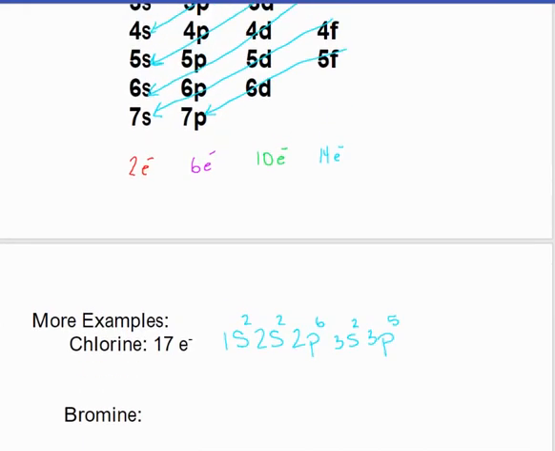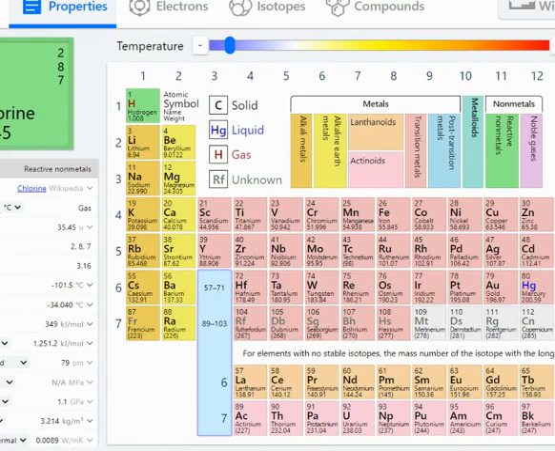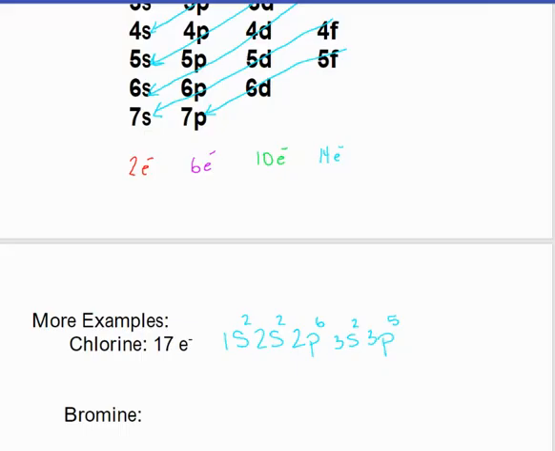Bromine has 35 electrons. Okay, so bromine has, let's do it in purple, 35 electrons. I'm going to use what I have here and build on that. So I have 1s2, 2s2, 2p6, 3s2, 3p6.